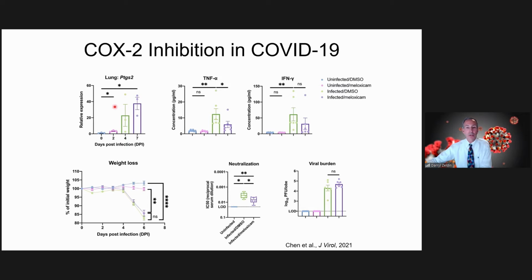And the COX-2 inhibition with the selective inhibitor meloxicam attenuated production of the pro-inflammatory cytokine TNF-alpha, but it also suppressed induction of anti-inflammatory, antiviral cytokines such as interferon-gamma. And in the end, the COX-2 inhibitor failed to prevent weight loss and mortality in the SARS-CoV-2 infected mice, and the authors attributed this failure to a deficiency in neutralizing antibody production and a subsequent increase in viral burden.